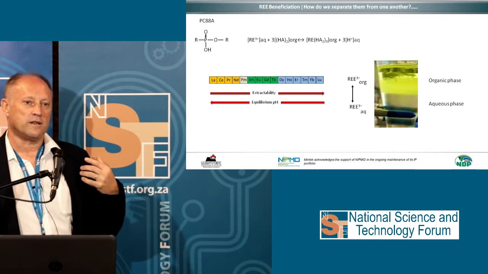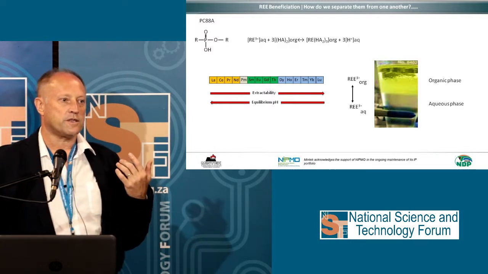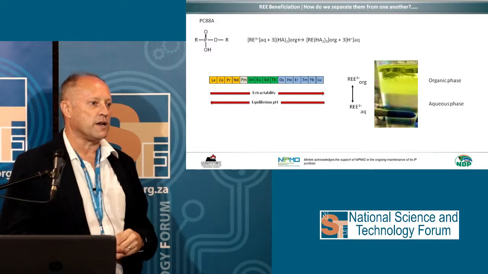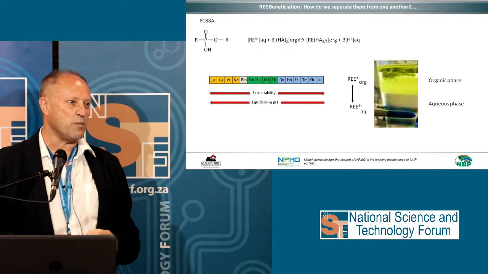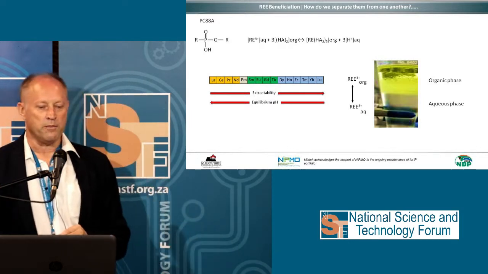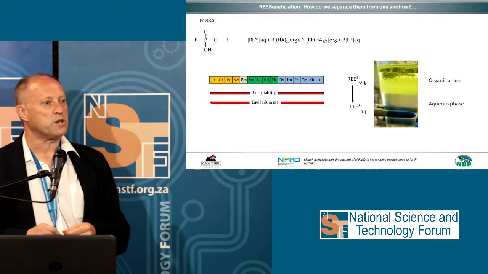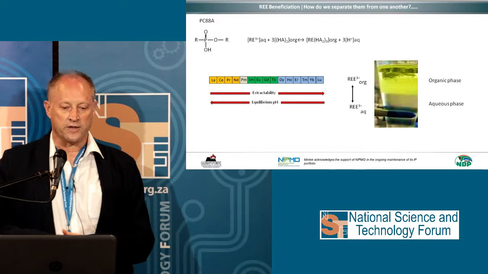First of all, to explain that rare earths are processed and separated by solvent extraction. This is the most common technique at the moment to separate them. You can do it in other ways, but especially when you have large throughputs, solvent extraction is attractive.